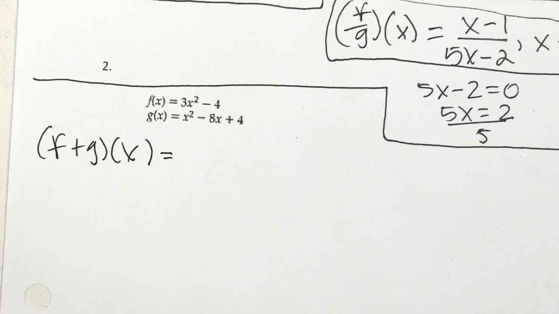That you're adding the functions together. See how this is f of x? So instead of writing f of x plus g of x, we write f plus g of x. See how f plus g of x is the same thing as f of x plus g of x.